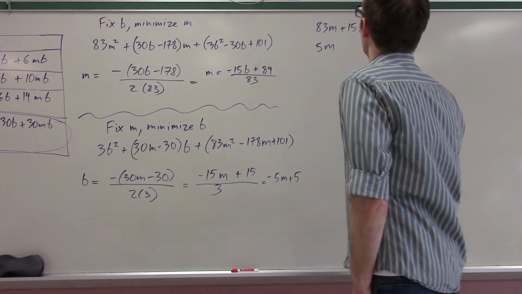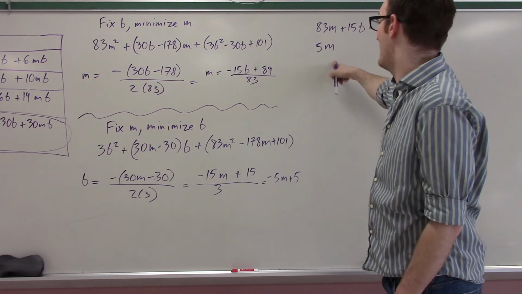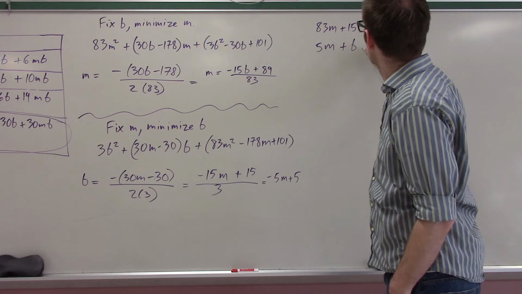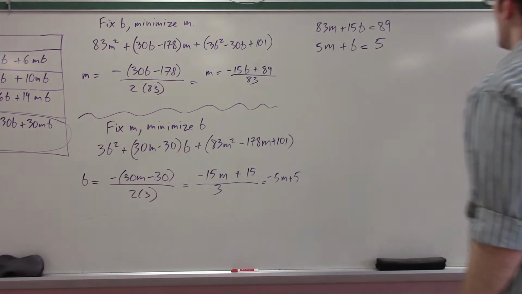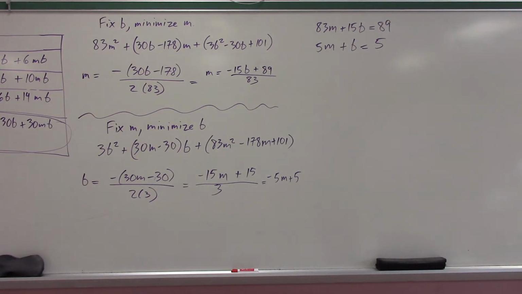So this is 5m plus b equals 5. Okay, so I think this is the exact example that Forster gives. Let's take a moment and check. And if it's wrong, I'll throw out this video and I'll cry.